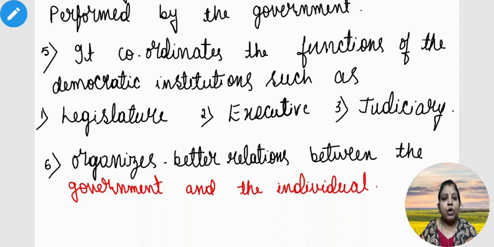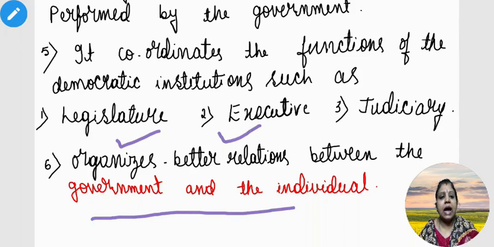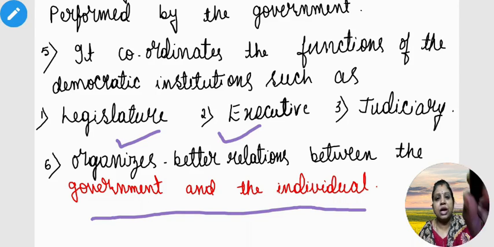Sixth important point is our Constitution organizes better relations between the government and the individual. So all people will get organized help and the government also will get help with the help of our Constitution.